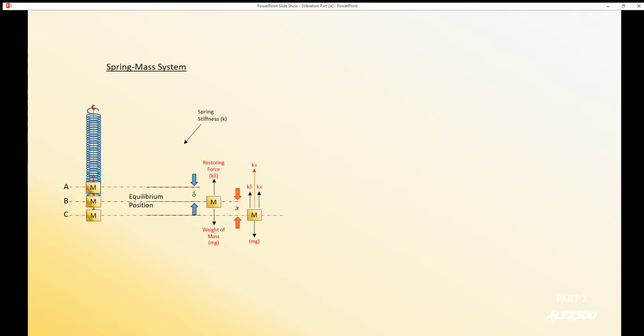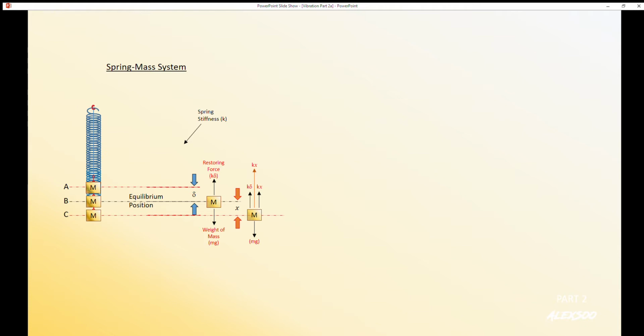When it is extended by an amount of delta, you will have a restoring force or a spring force of K delta, which is directly proportional to the value of delta. We know that K, the stiffness of the spring, which is in Newton per meter, is a constant. So therefore, the restoring force is only directly proportional to the deflection of the spring, delta.